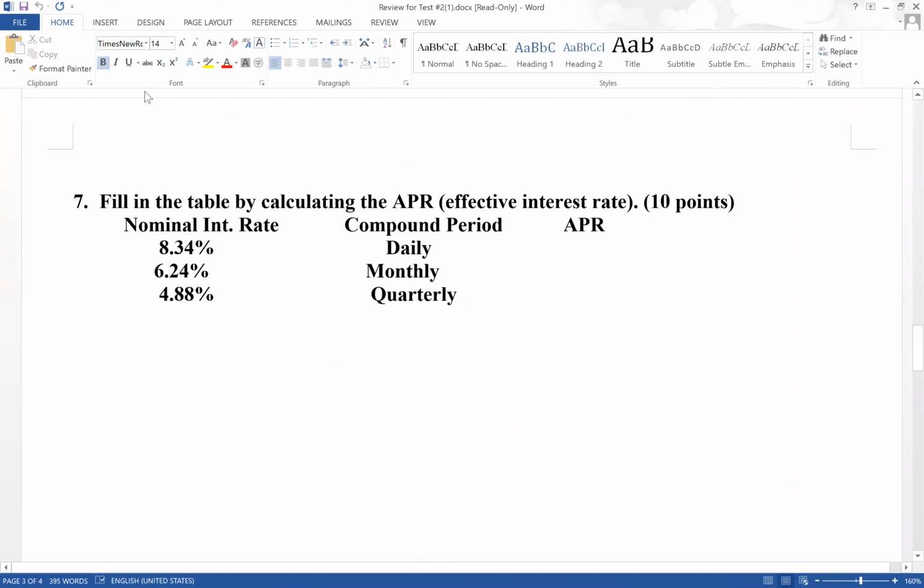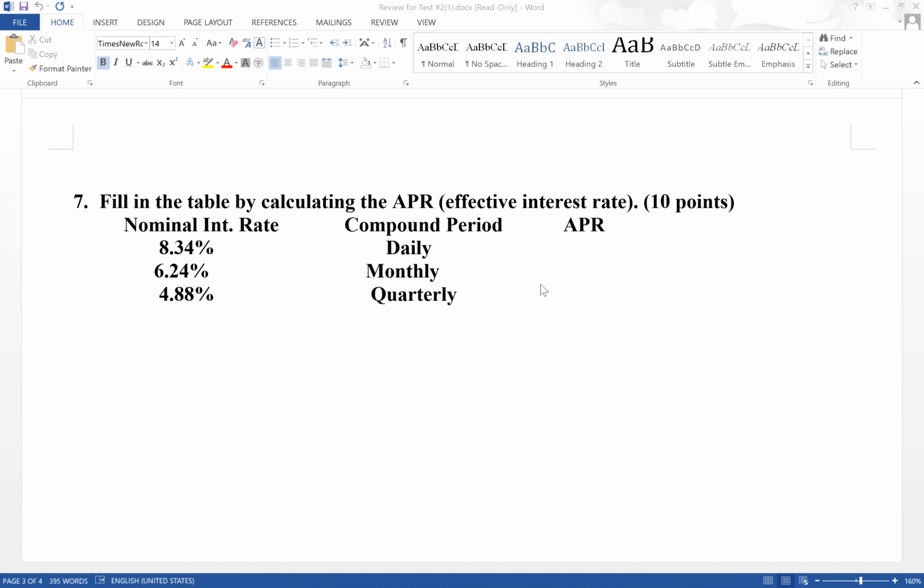And now let's take a look at the APR, right? The APR is the actual borrowing cost, meaning sometimes they give you a nominal rate, but the nominal rate does not represent the actual borrowing cost. APR is more accurate because it tells you what your effective interest rate is.